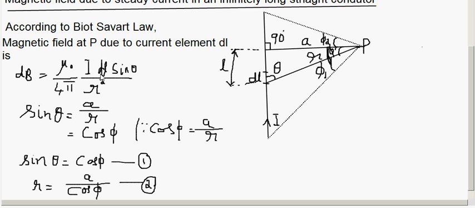Now we'll try to find out what is dl. From the figure, I can also write tan phi. What is tan phi? Tan phi is opposite by adjacent. Tan phi is the opposite side, that is L, adjacent is A, L by A. Tan phi is L by A, or L is A tan phi.